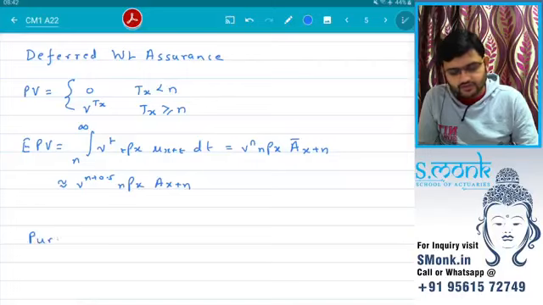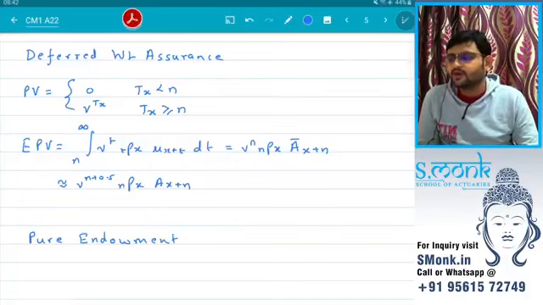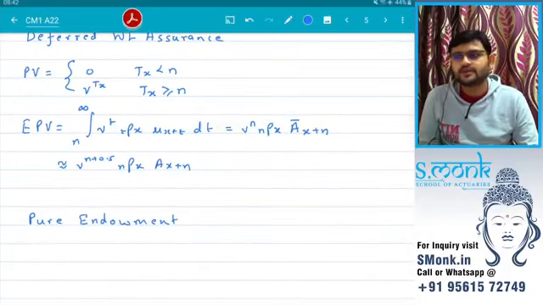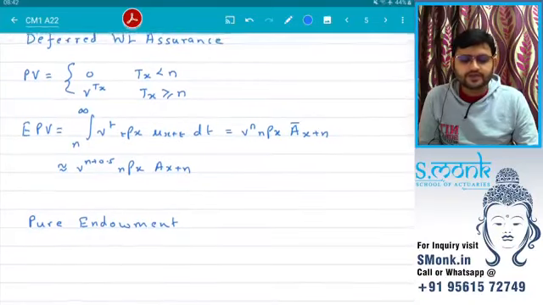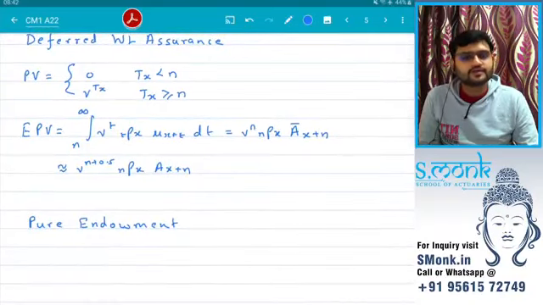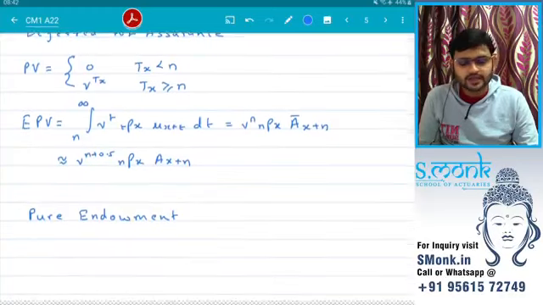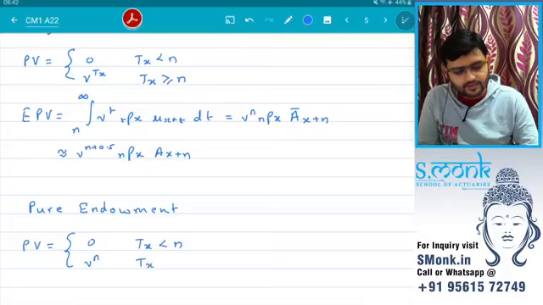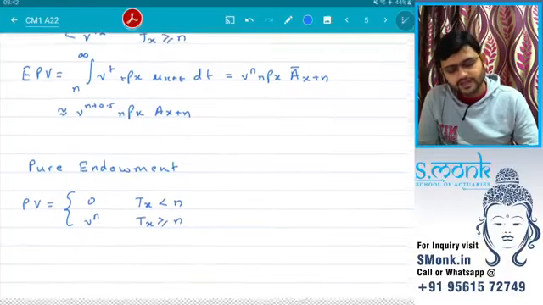Let's talk about pure endowment. In pure endowment, because the benefit is payable only on survival, there's no relation with payment on death. So whether the payment is immediately on death or at the end of the year of death, that should not make any difference. Because this is payment on survival only, we get exactly the same answer when we come to finding the expected present value.